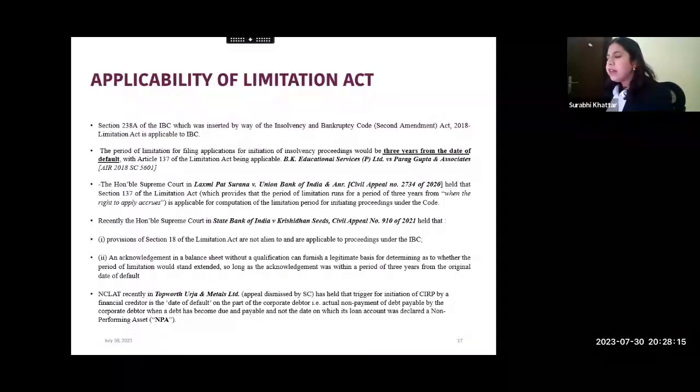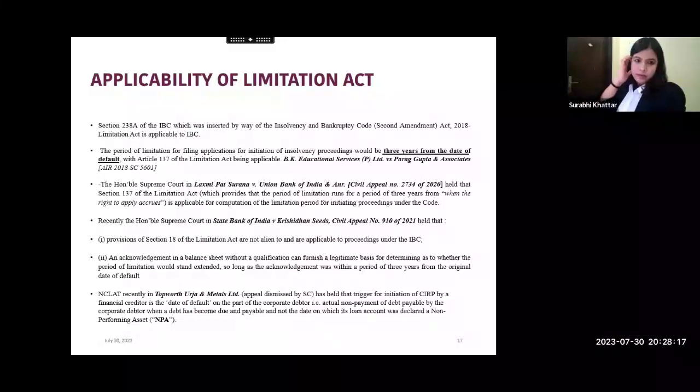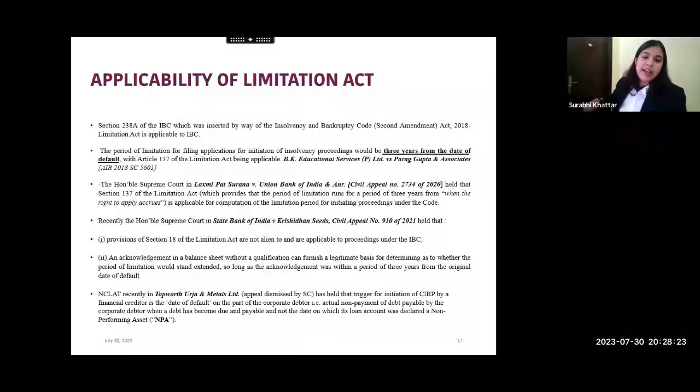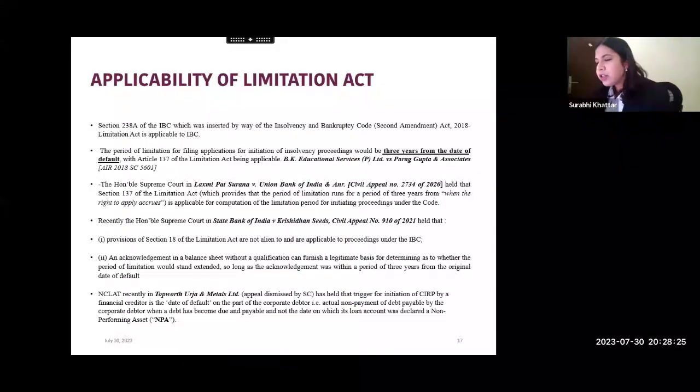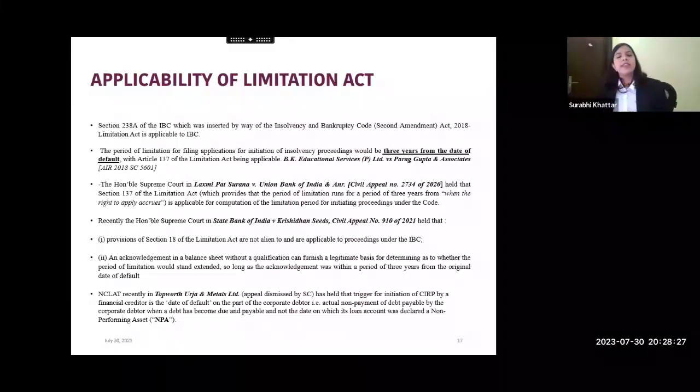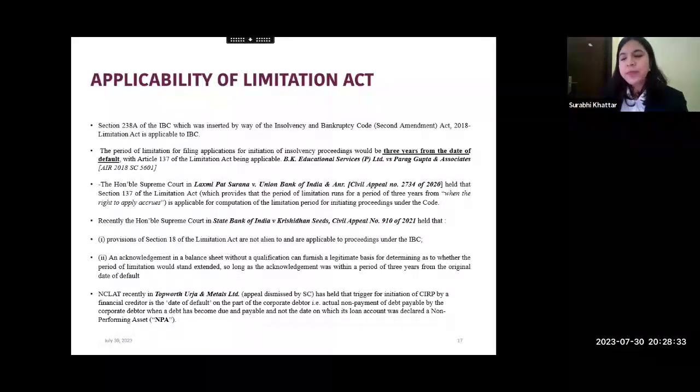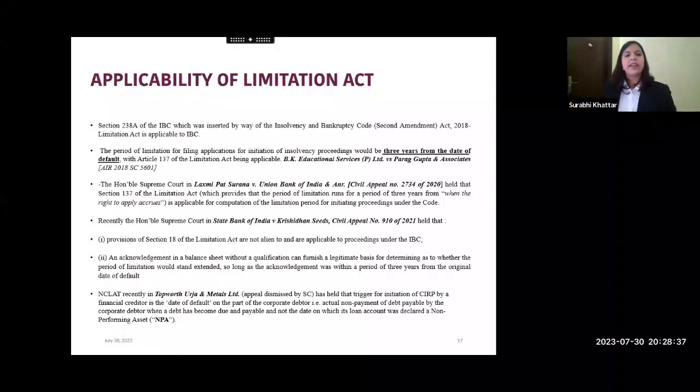Yes, the other issue that has come up at times before in Section 7 proceedings is the applicability of the Limitation Act. In fact, the provisions of the Insolvency and Bankruptcy Code were also amended, and Section 235A was included in IBC, which holds that the Limitation Act will be applicable in case of insolvency proceedings.